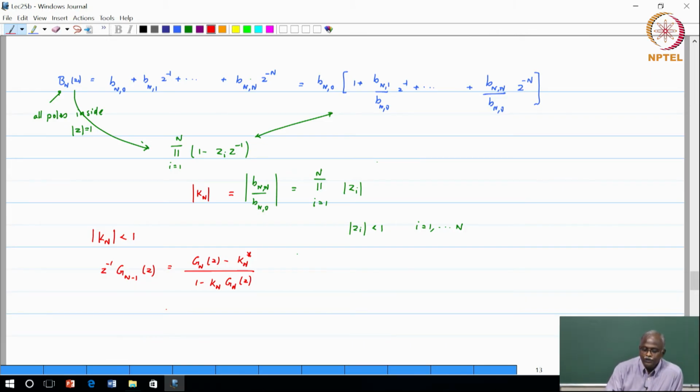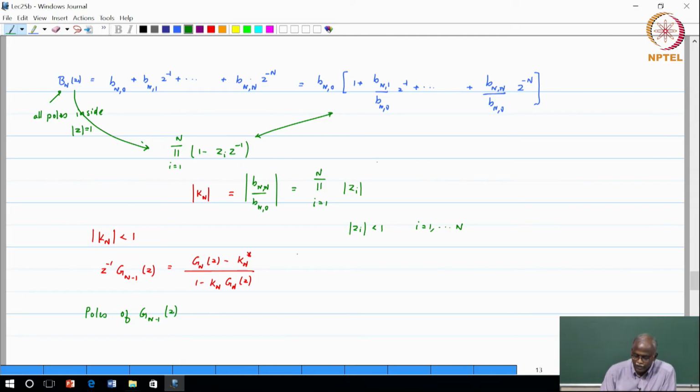So, I want to now look at the poles of Gn minus 1 of Z. I am hoping to see if I can show that the poles of Gn minus 1 are inside the unit circle. That means stable gave me stable of order less than 1 in the lattice structure.